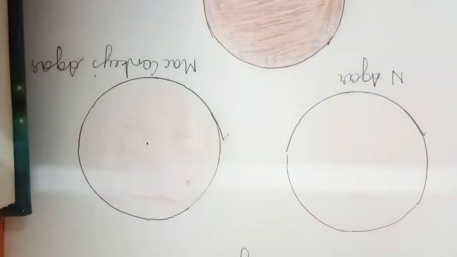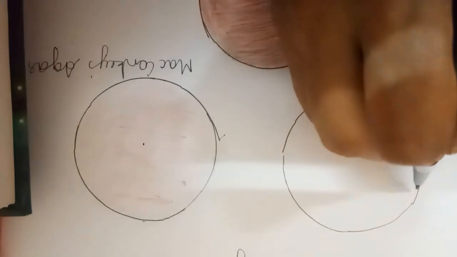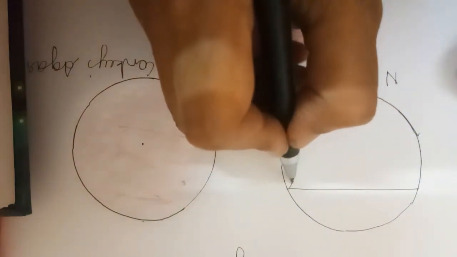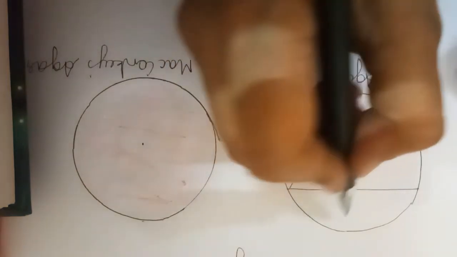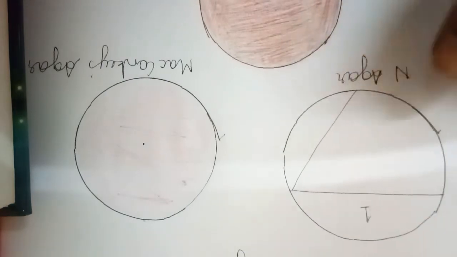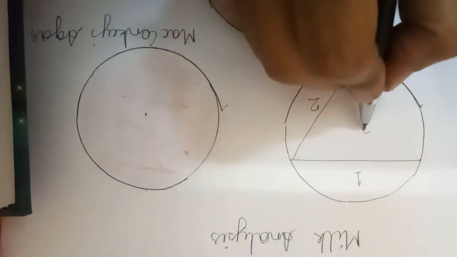Okay, first of all we will make the sectors 1, 2 and 3. This is our first sector, this is our second sector, and this is our third sector. Okay, so you can see very nicely that I have prepared 3 different sectors in case of an agar plate.